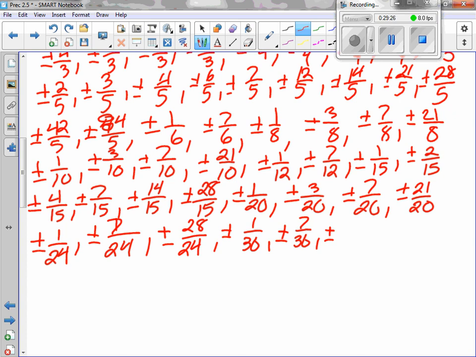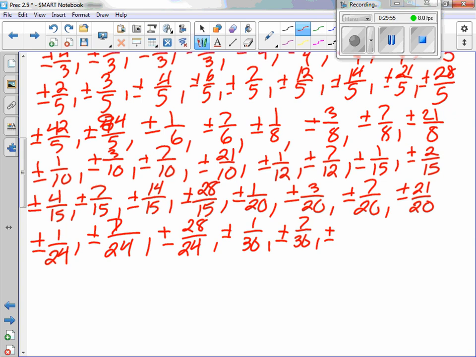Actually, 2 and 3. No, not 2 and 3. Because 2 would be 6/15, which we do have. Or 4/10. 14 would reduce. 21 will reduce. 28 will reduce because 2. 28, 42, and 84 will all reduce. All of those will reduce because they all share a common factor of either 2 or 3 in most of them except for 7.